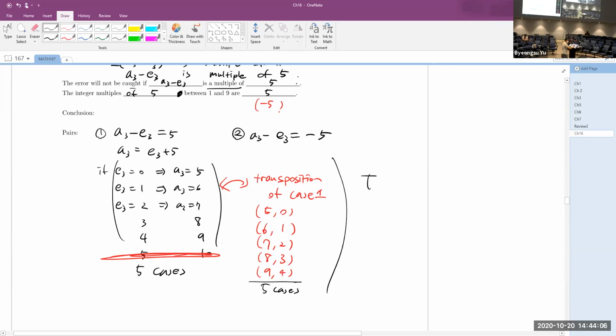So in total, 10 cases. So the error will not be caught in those 10 cases, when the error is from 0 to 5, or 1 to 6, or 2 to 7, or something like that, right? Great.